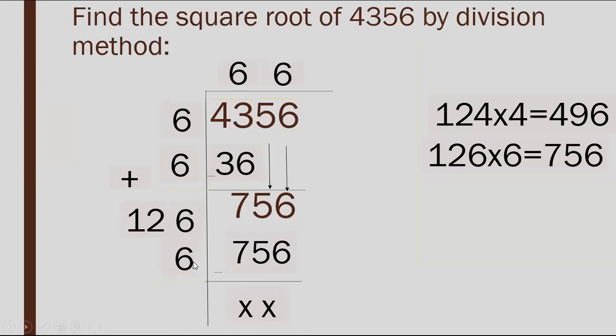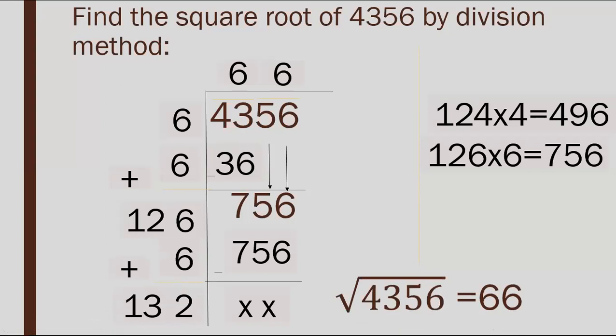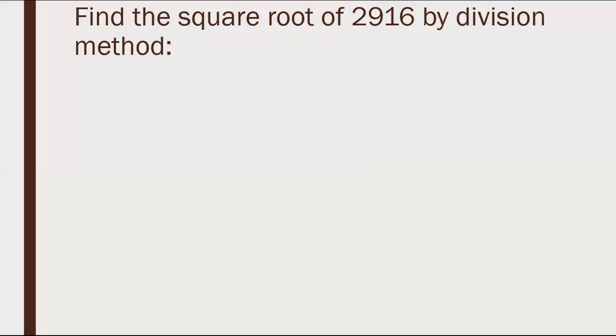So 126 plus 6: 6 plus 6 is 12, and here 2 plus 1 is 3, so 132. So the square root of 4356 is 66. Clear, everybody?